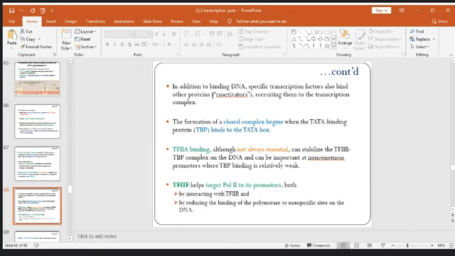Those other proteins, we can call them the co-activators, and recruiting those proteins to the transcription complex is important. For instance, the formation of closed complex begins when the TATA binding protein, shortly we can call it TBP, binds to the TATA box of the promoter region.